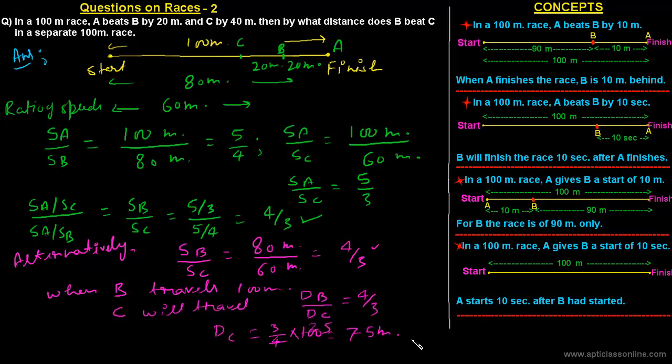C is 25 meter behind B. So by what distance does B beat C? 25 meter. So finally we can say that B beats C by 25 meter in a 100-meter race.